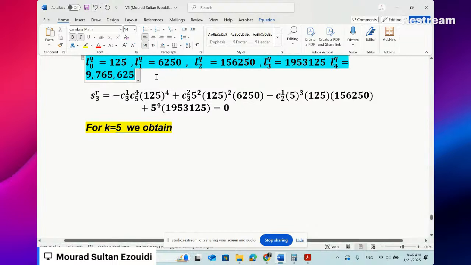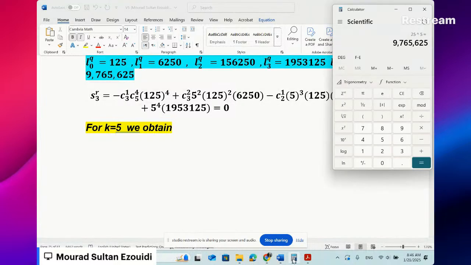Okay, I will check it here with the calculator.